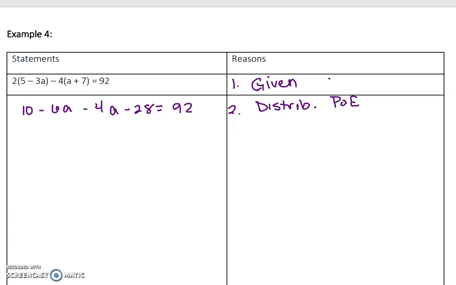Because I'm using an equal sign, I'm going to use property of equality. All right. Then I'm going to go ahead and simplify, which is the same thing as combining like terms. So I'm going to go ahead and add those together. And then 10 and negative 28. So that's just simplifying. It's not actually the addition property. You can also put combine like terms. That's fine too.